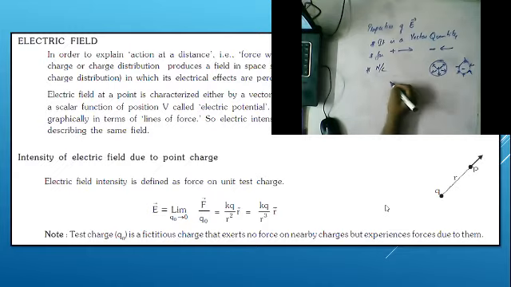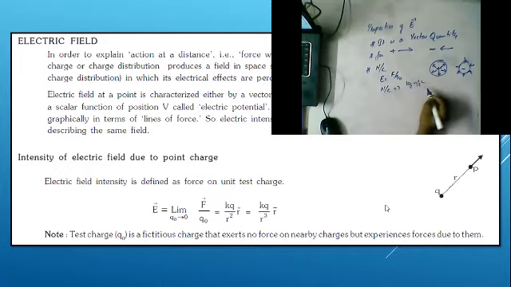And the unit is Newton per Coulomb. We already know that E is equal to force per unit test charge, so the units are Newton per Coulomb, that is kg meter per second square divided by I into T. Q is equal to I into T, so charge can be written as ampere second.